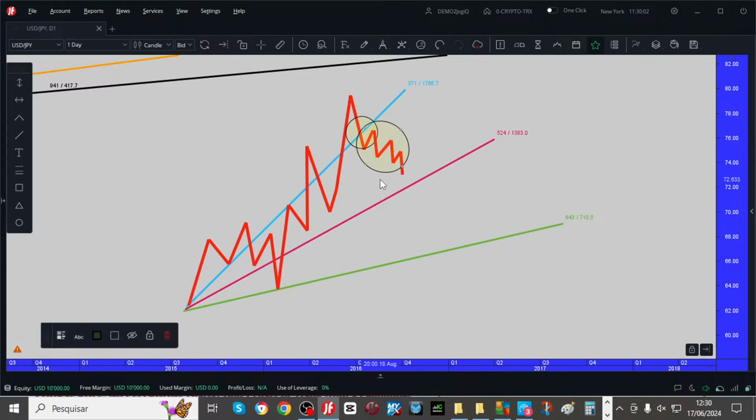Does this make sense? Sam is going to say, be careful. But I'm going to tell you, analyst Sam, be careful is not a decision. Buy or sell. Nothing wrong with be careful, but it's not a decision, right?